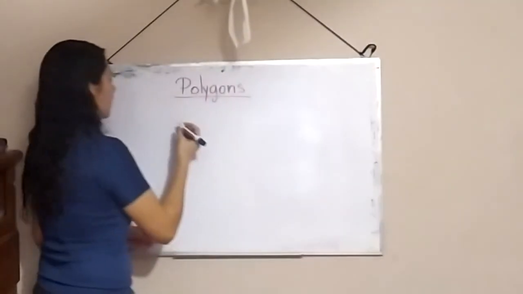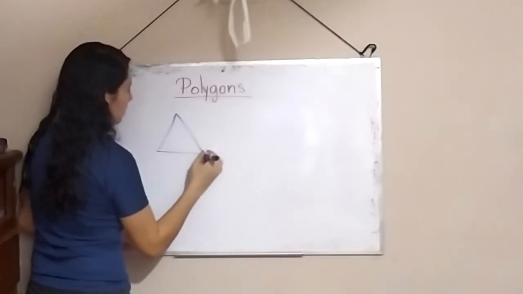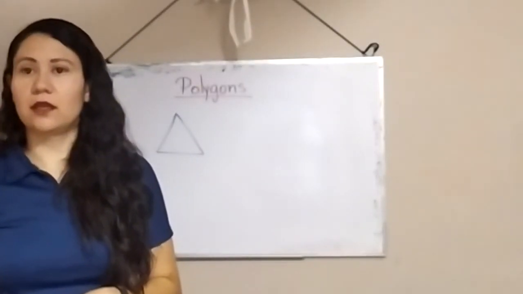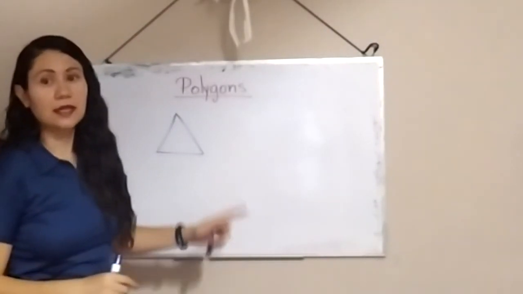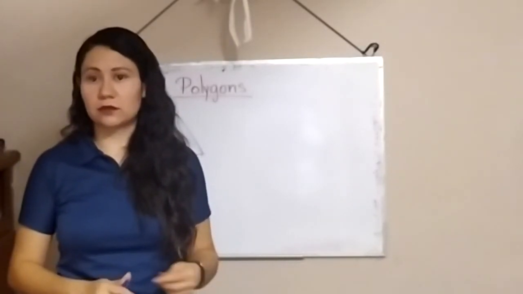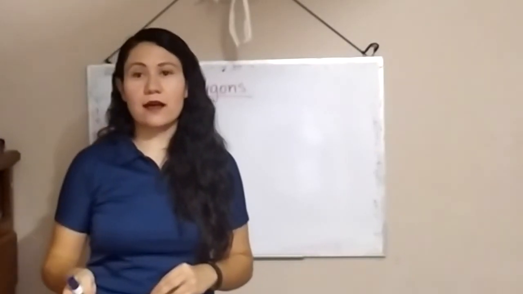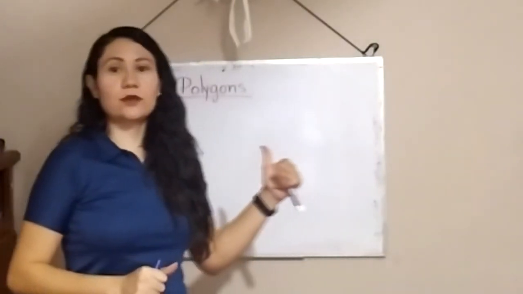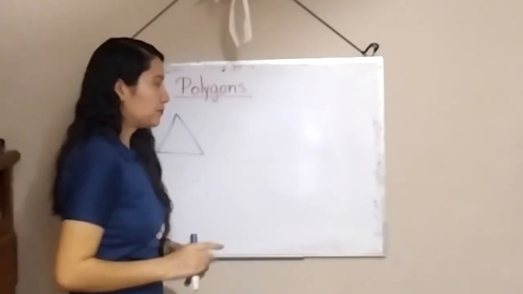First, we have the equilateral triangle, which means equi means equal. It has 3 equal sides. This is the only regular triangle. Okay? Remember, regular polygons have the same measurement on their sides. So this is the only regular triangle, equilateral triangle.